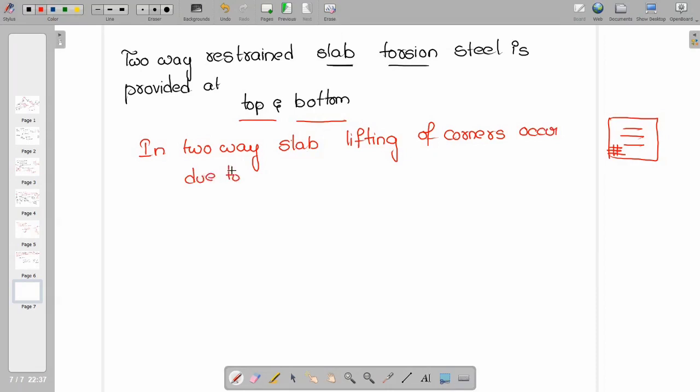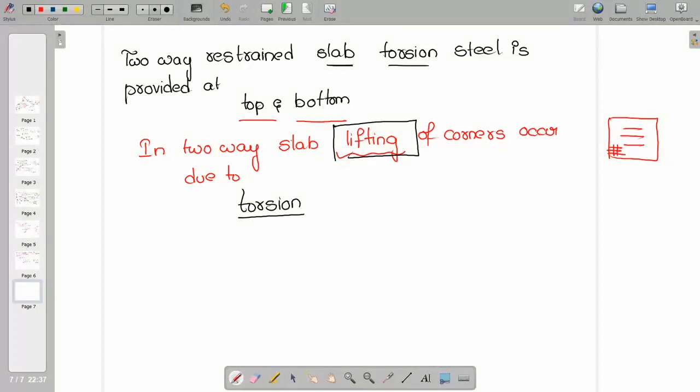Please tell me this, students. Sir, lifting occurs due to, I told you already this also. In a two-way slab, lifting will be occurring due to torsion. Agree, students? Very good. Very good.